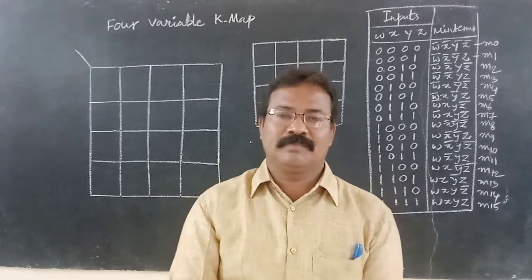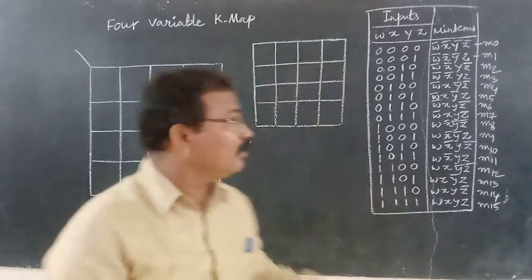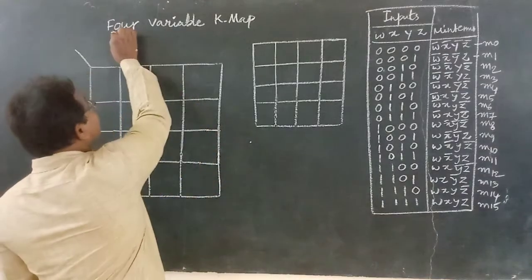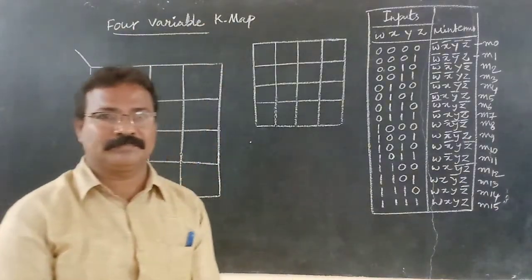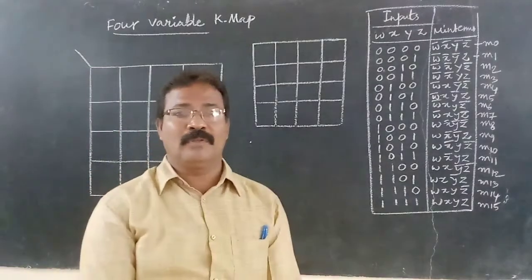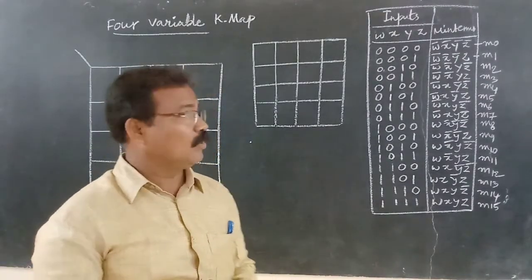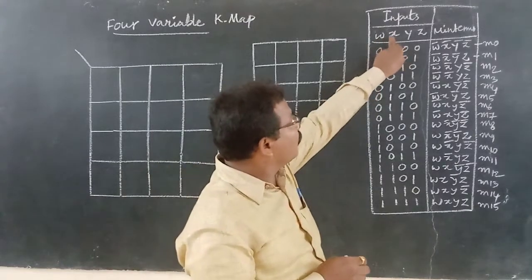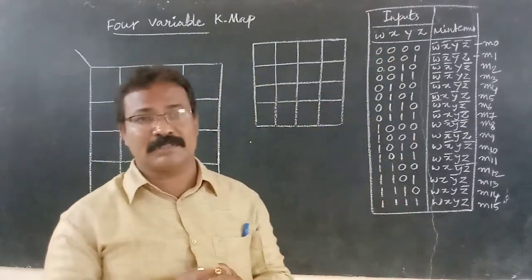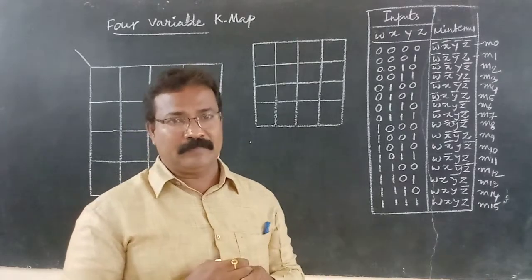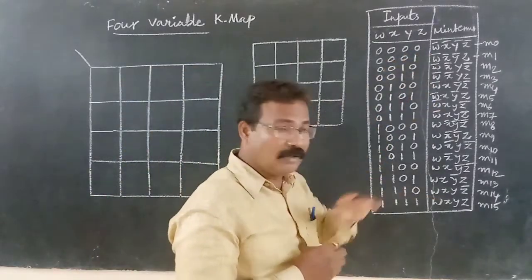In this session, I want to discuss the four variable K-map. Here, for four input variables W, X, Y, Z, there will be 16 minterms.